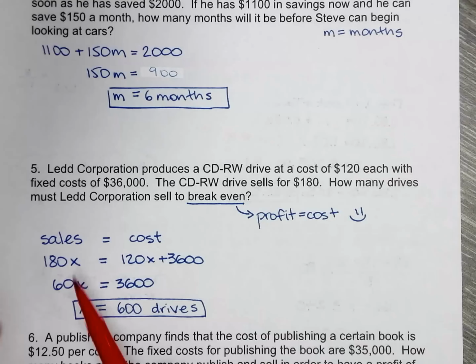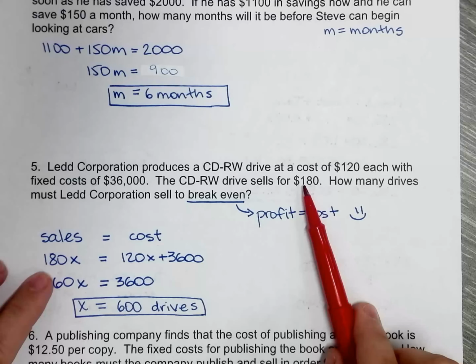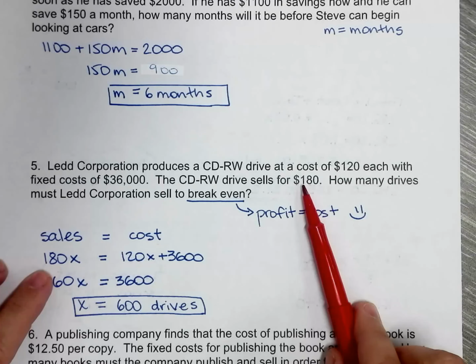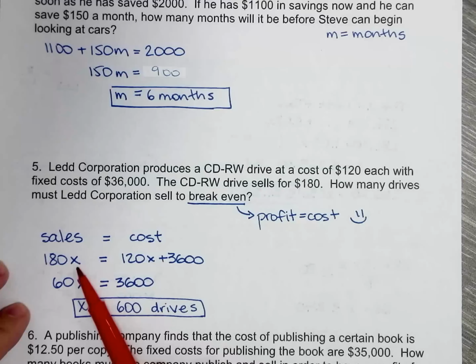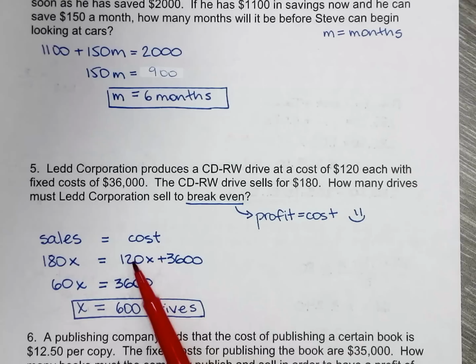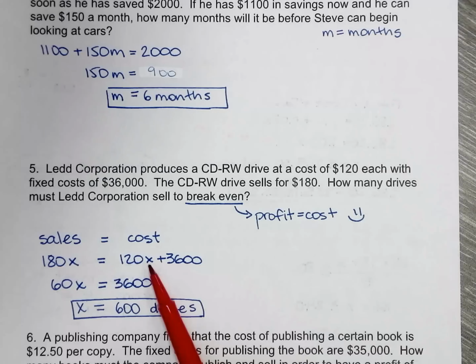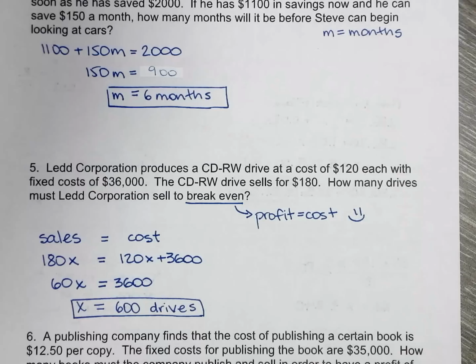So sales: each drive sells for $180, so 180x. And the cost: it costs $120 to produce each drive, plus $36,000.